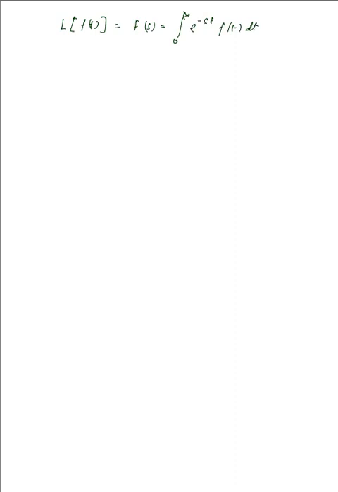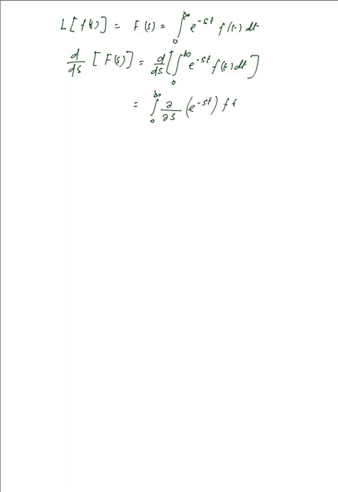Now if we differentiate this thing with respect to s, so that means differentiation of F(s), which is the Laplace transform of f(t), with respect to s, that is going to give us d over ds times this integration term, e raised to the power minus st f(t) dt. We can take that differentiation inside the integral, so we have from 0 to infinity the partial derivative with respect to s of e raised to the power minus st f(t) dt.